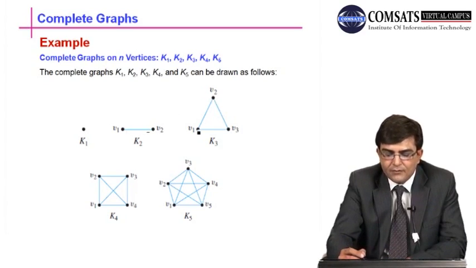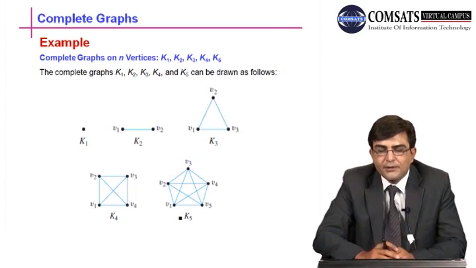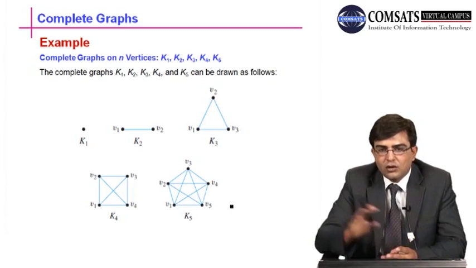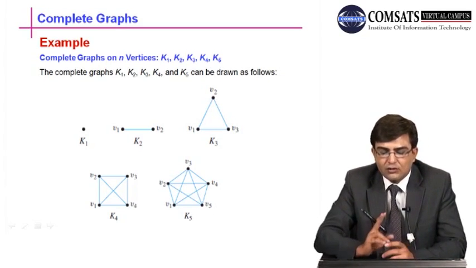With 3 vertices, v1 is connected to v2, v1 is connected to v3, and v3 is connected to v2, v3 is connected to v1, v2 is connected to v3, v2 is connected to v1. It means in a complete graph, each vertex is connected to all other vertices by using only one edge.